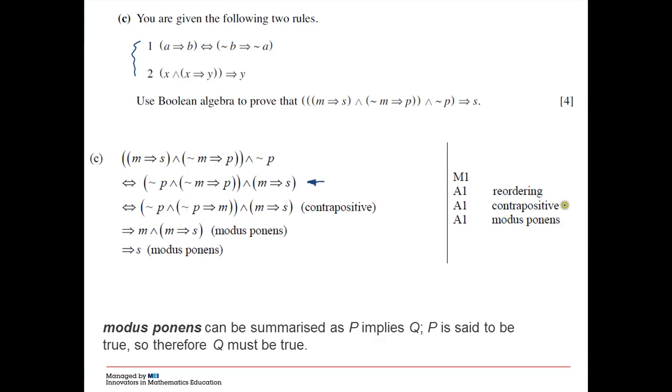And then picking up on the contrapositive, getting the reordering correct gets you 1 accuracy mark, picking up the contrapositive, and then there's a mark at the end for using that other rule, which is called modus ponens, but you don't need to worry about that. Nobody's going to ask you to remember that. That's the summary of what modus ponens means, but don't worry about it.